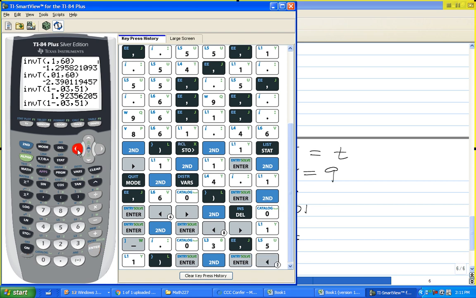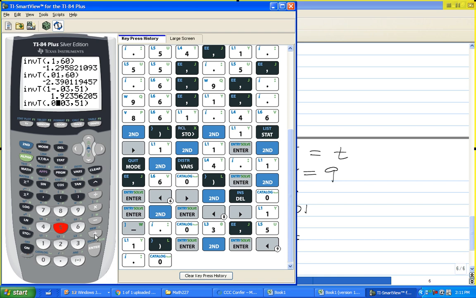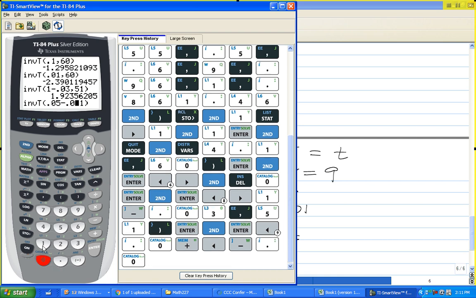Okay, so let's do that. So 0.05 plus, this is minus. This is 1%, so 0.01 divided by 2, with degrees of freedom 9.